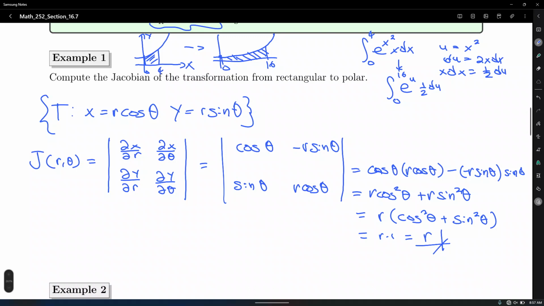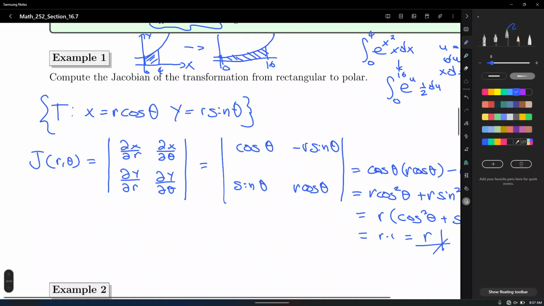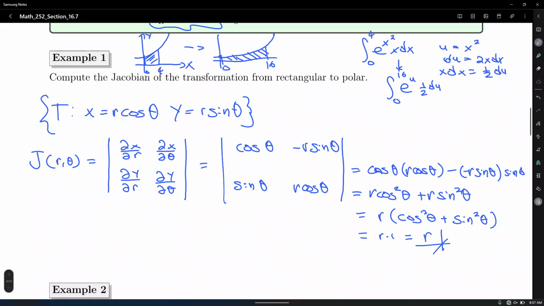Okay, so remember when we first described these integrals in polar? We started with a double integral of f of x y dA. So we always start with an integral in rectangular coordinates, right? But then we want to do the conversion to polar. What do we do with the conversion to polar?